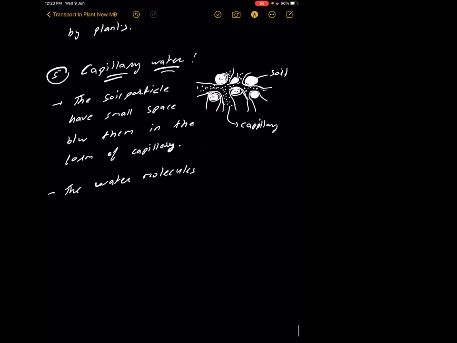The water molecules present in the capillaries can be absorbed by the plant. Okay, so only the capillary water is absorbed.